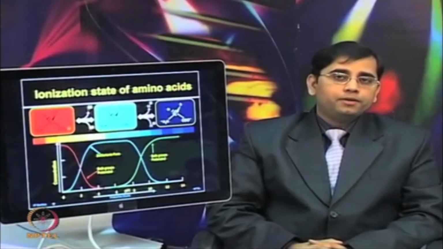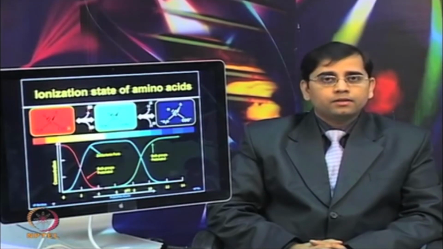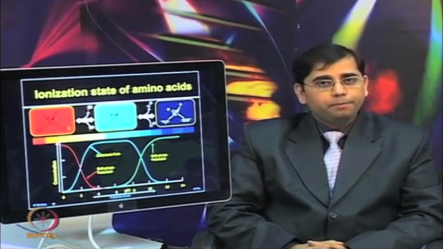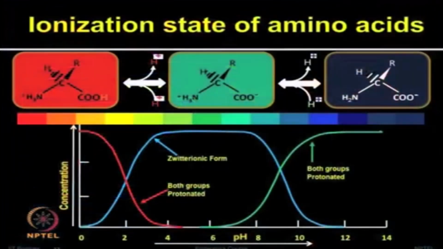Let us now talk about the ionization state of amino acids. The ionization state of amino acids varies with pH. In the acidic solution, if you follow the slide from left to right, the amino group is protonated, NH3 plus, and the carboxylic group is undissociated, COOH.